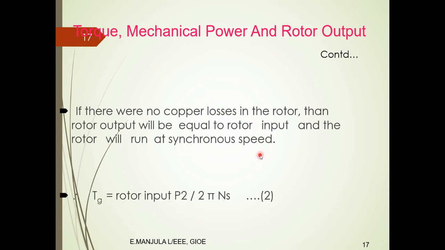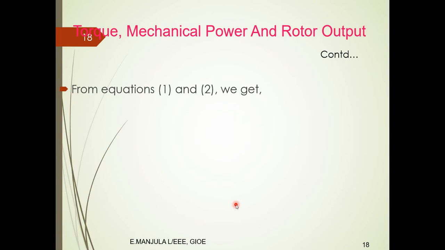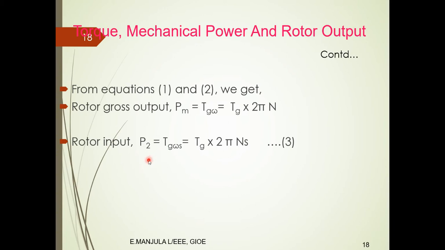But this won't happen. So Tg is equal to rotor input P2 divided by 2 pi Ns. So from equations 1 and 2 we get rotor gross output Pm is equal to Tg into 2 pi n, and rotor input P2 is equal to Tg into 2 pi Ns.